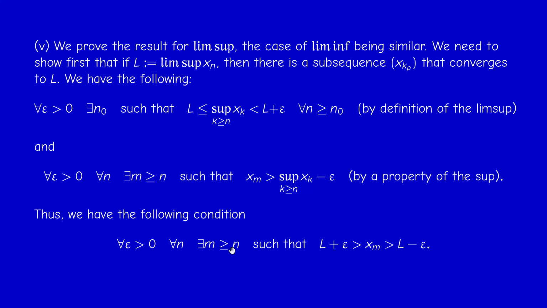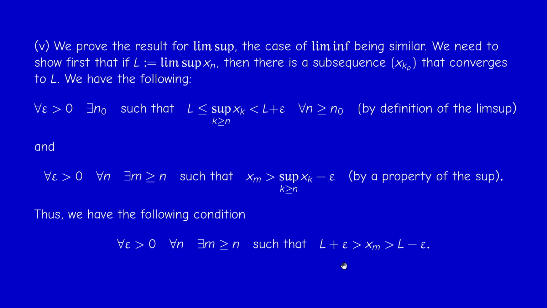If you recall chapter 1, this is a weaker kind of convergence, because you are not saying there exists n for all m, etc. This is something weaker. It means that there are infinitely many indices m, such that xm is between L minus epsilon and L plus epsilon.